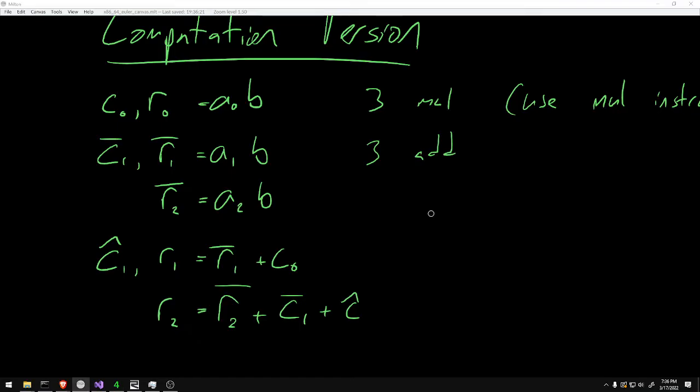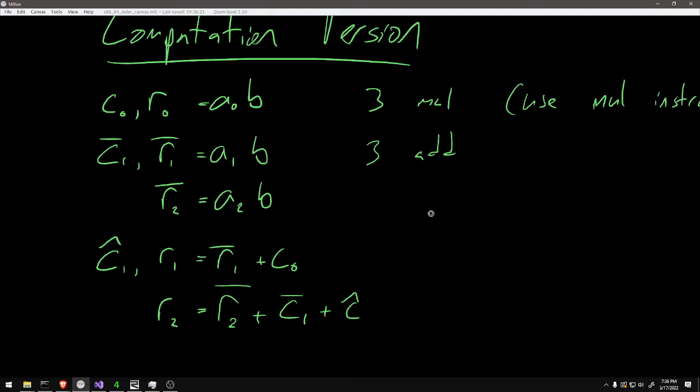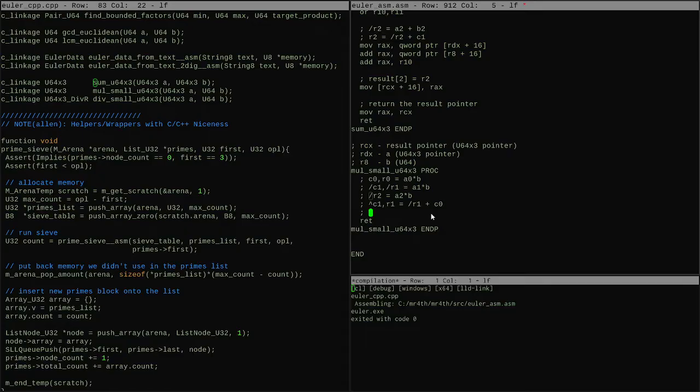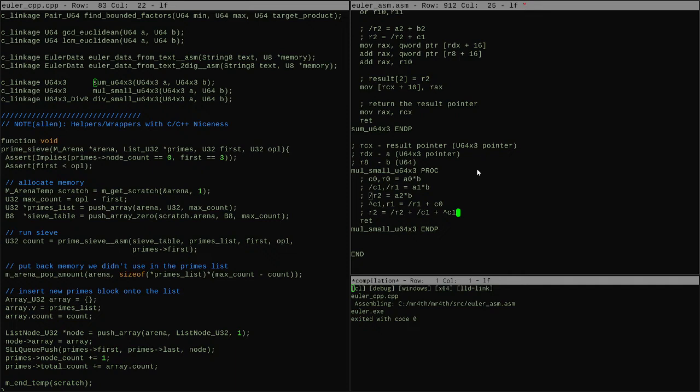R1 equals bar R1 plus C0. R2 equals bar R2 plus bar C1 plus hat C1. All right, so that's the notes.